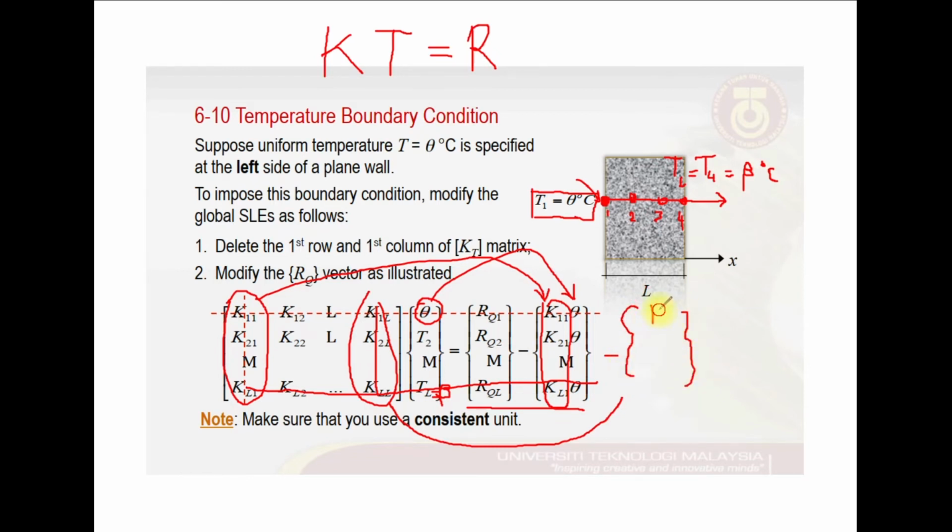So I have K1L here, and then I have KLL, and all of this will be multiplied by the beta. So this is how we can deal with the known boundary conditions applied on the surface, whether on the left or on the right hand side, or both sides of our plane wall.